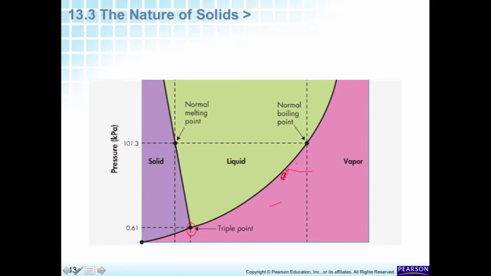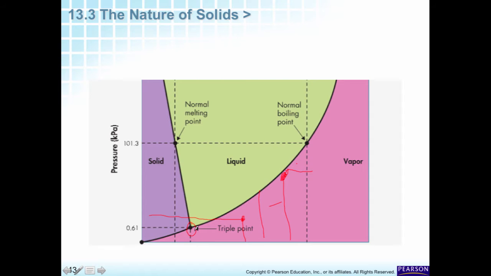And right here, I'm in the vapor phase. So that means it's less than 100 degrees. If I went even further down, I'm over here. So as I decrease the pressure, the boiling point will also decrease. As I decrease the pressure in this case, however, I increase the melting point.